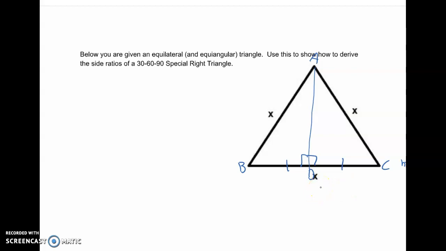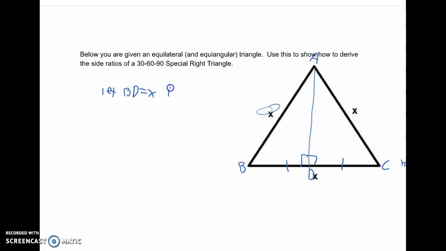And since we know that, we can come up with the idea and try to find the side ratios for the other two sides. So let's say let BD equal x. And that way we can have a variable for this length when we're coming up with it.